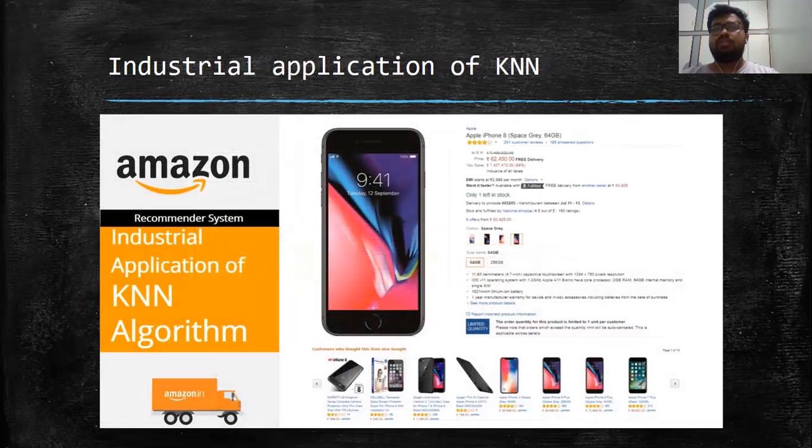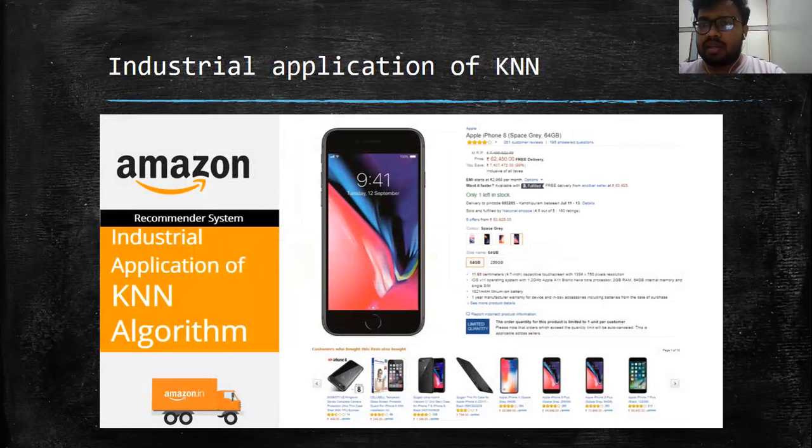So this is the industrial application of KNN. You can see this is a picture of Amazon ordering a phone. So how do these companies use KNN? KNN plays a very important role in these online companies, or in ads also, where when you open a particular site, you get different kinds of ads.